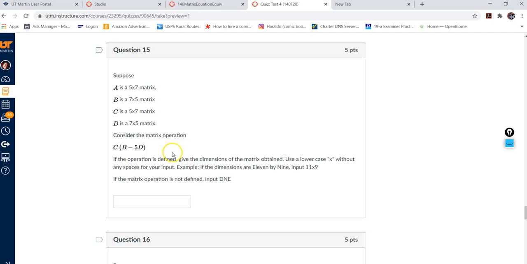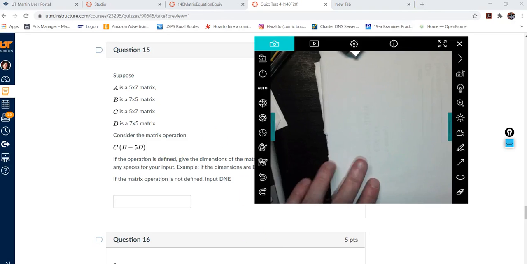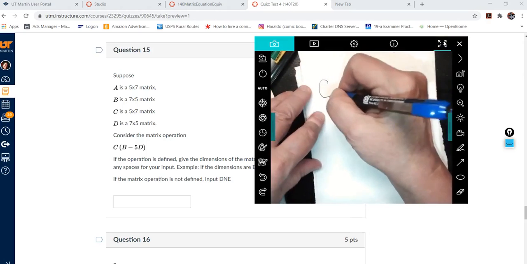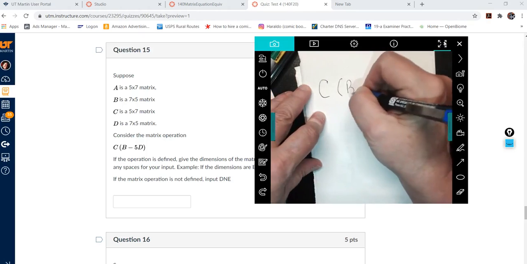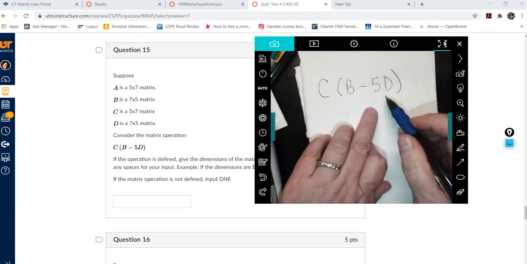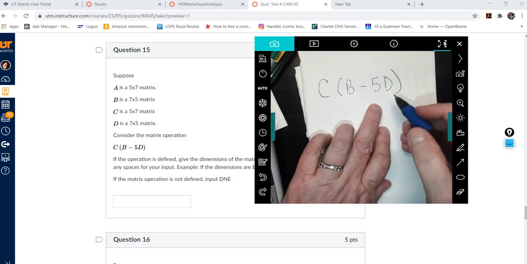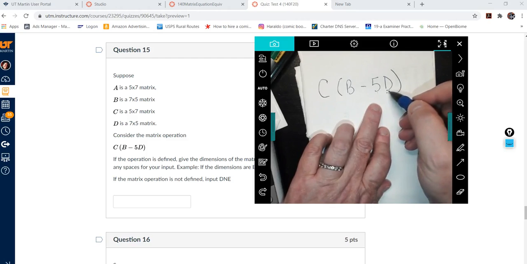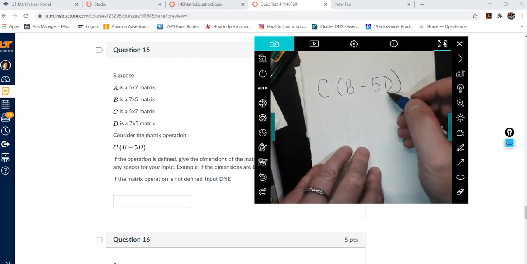Okay, now let's consider this. So I'm going to have C times B minus 5 times D. Okay, now what have we been told about D? D is a 7 by 5, and so 5 times a 7 by 5 will also be a 7 by 5.